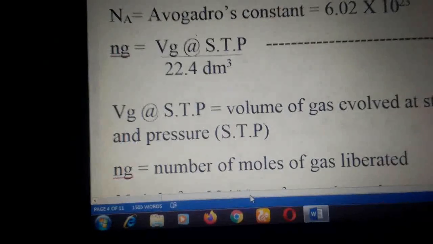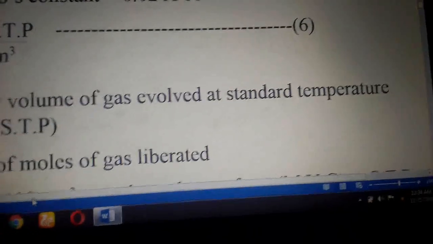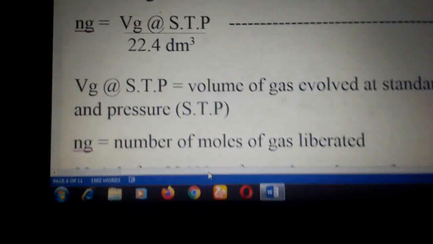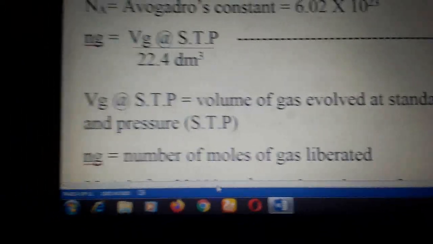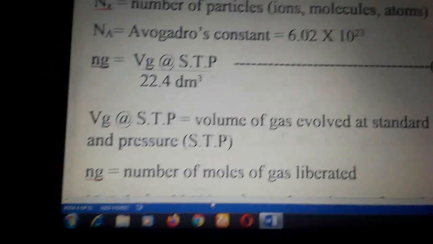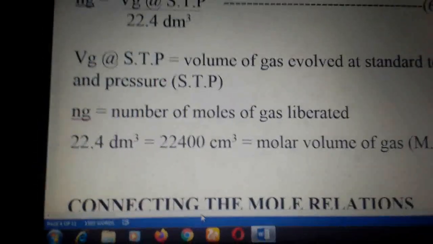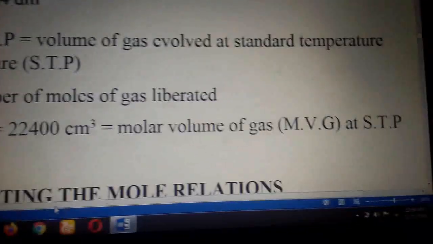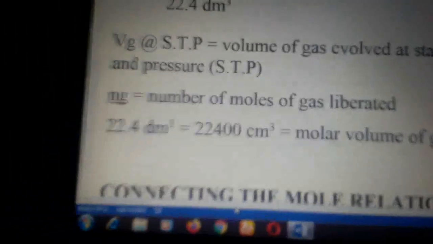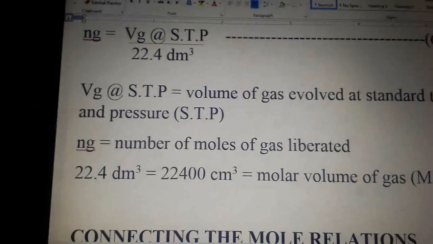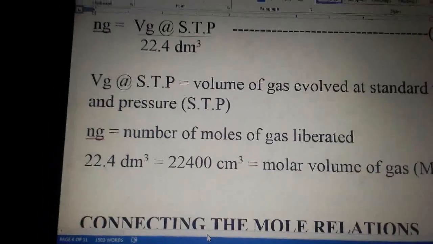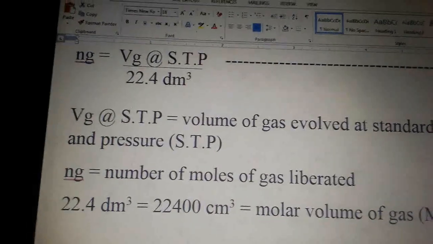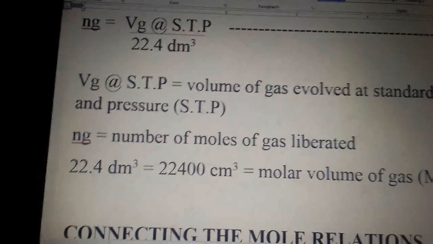Vg at STP means volume of gas evolved or liberated at standard temperature and pressure, and Ng is the number of moles of gas liberated. The 22.4 is called the molar volume of gas at STP, 22.4 dm cube, a constant. If the volume of gas Vg is in dm cube, then we have 22.4 in the denominator.